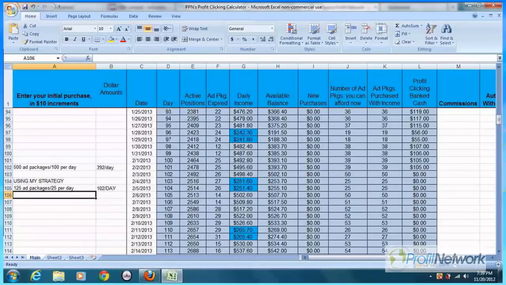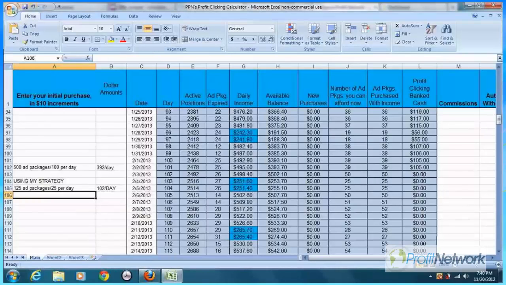So if I want to withdraw $100 a day, I need to make sure that I'm making at least $400 every day. All right. So 25% of $400 is $100 a day. So if I can get to $400 a day faster, then that's what I'm going to do. But it's up to you how you work your account.